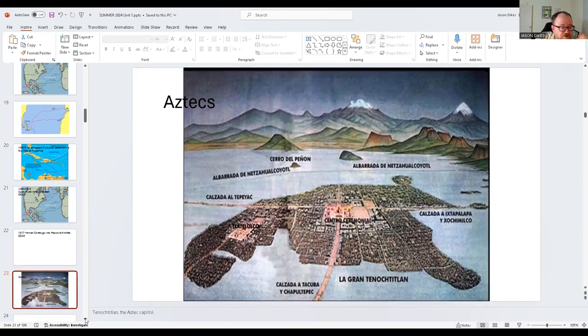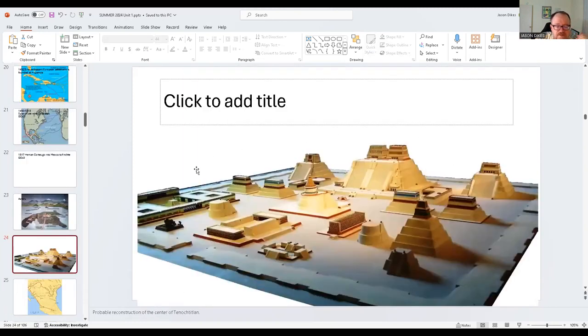The center of Tenochtitlan was the temple complex. This is what we think it looked like. Okay. Limestone all along here. In these buildings, particularly this building, there was a gold glaze that was painted onto the limestone.